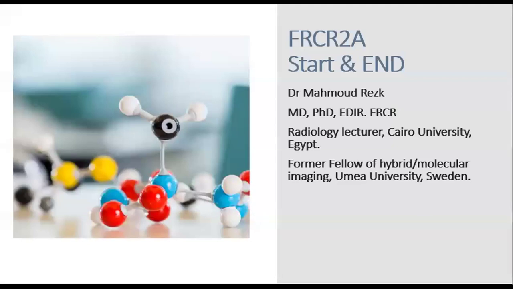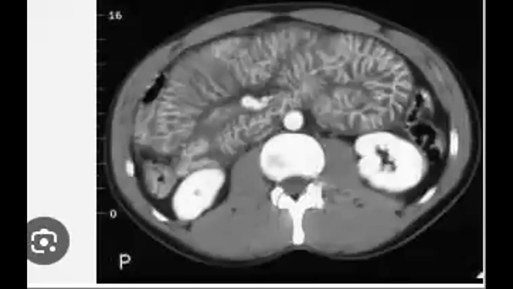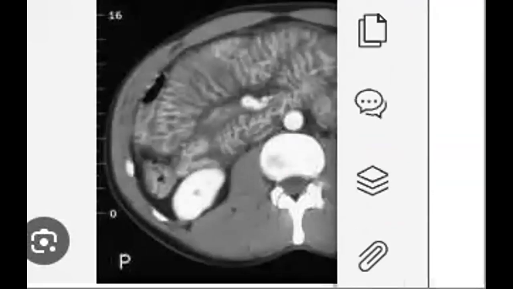Last time we were talking about trauma in the bowel, and we stopped at such image.